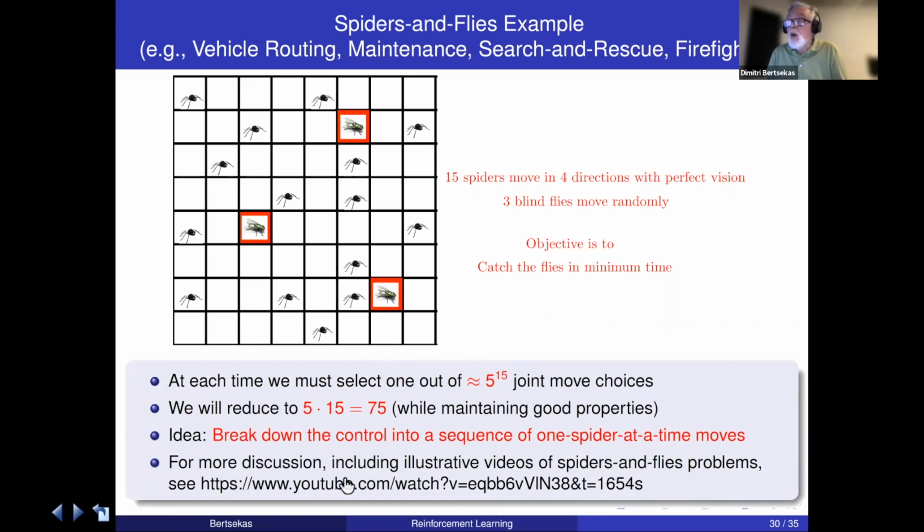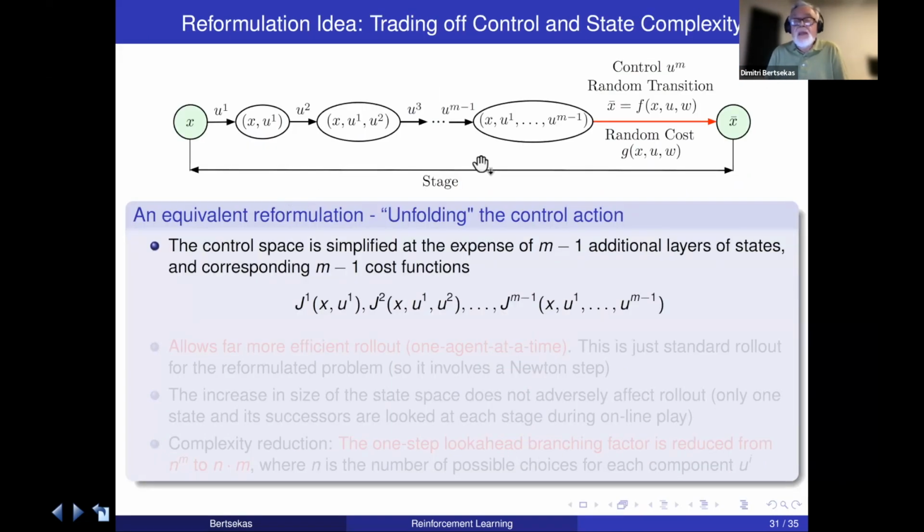But let me give you an idea of how the reformulation goes, how we get from here to here. It's an old idea which reformulates the problem, trading off control complexity for state complexity. Introduce more states for fewer controls at each step. And the way we do that is by unfolding the control action to pass from a state to the next state.